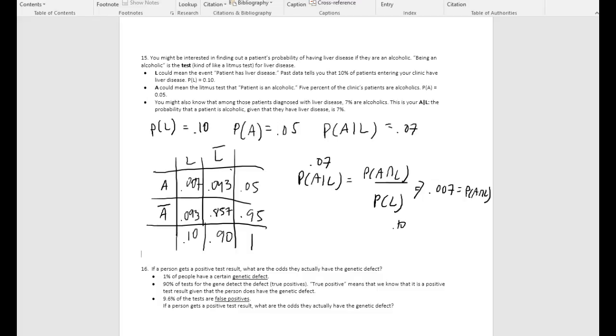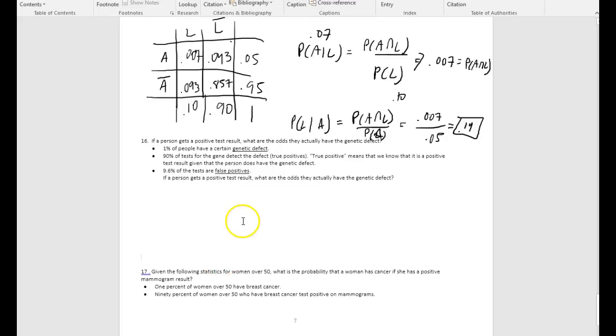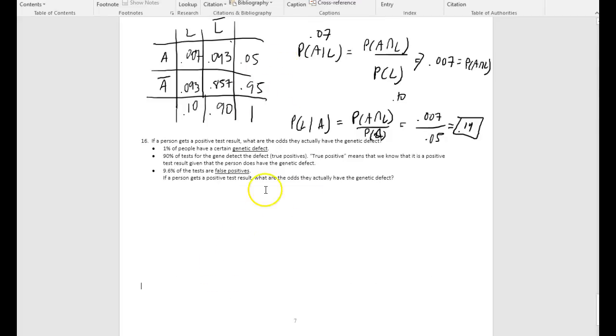So the probability of having liver disease given that they're an alcoholic, and we just see that that's probability of A and L over the probability of A. So that's going to be 0.007 divided by the probability of A, given that they're an alcoholic. Okay, 14%. On to the next one.